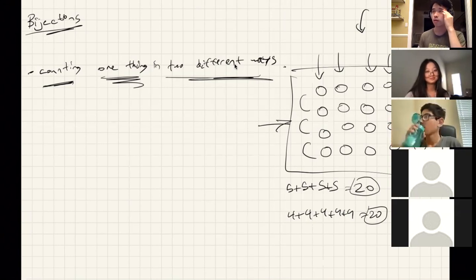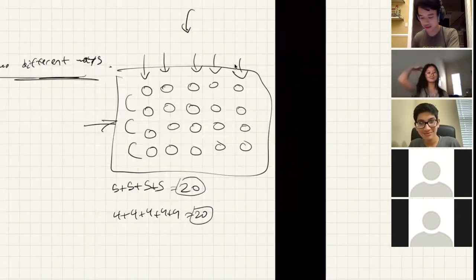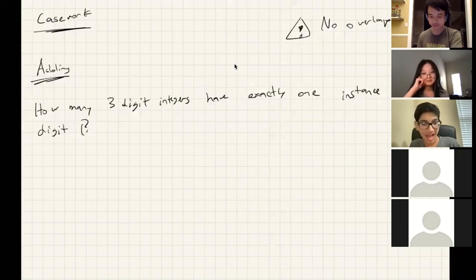You're trying to avoid the stupid way of counting something, like counting one by one by one by one. You want to find a way to count something that requires the least computation and the least work on your end. So that's bijections for you. This will become more important in later classes, so it just seems like mindless words right now.